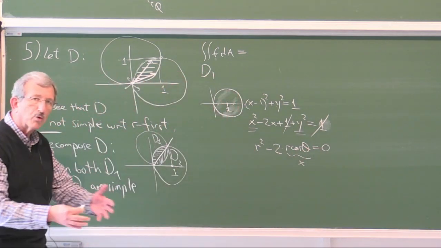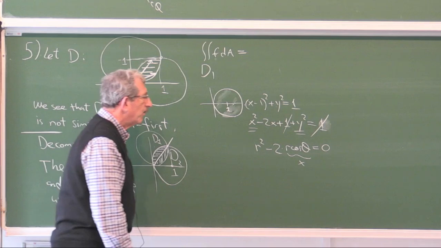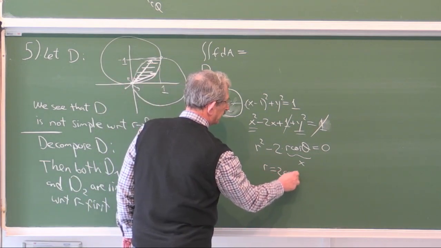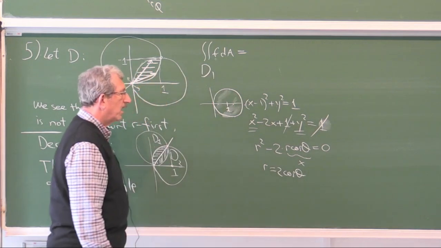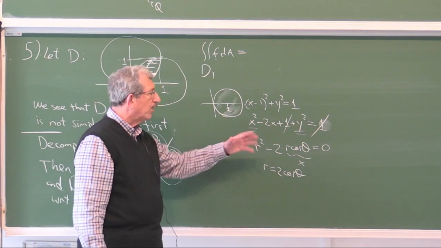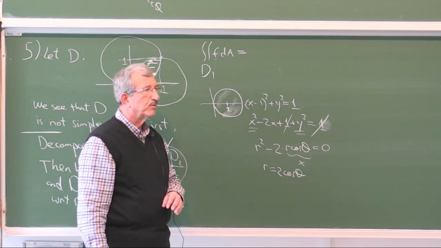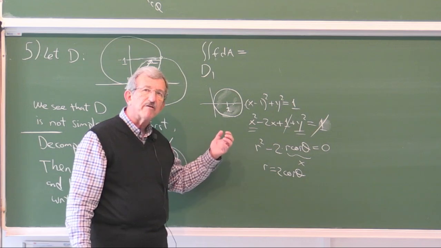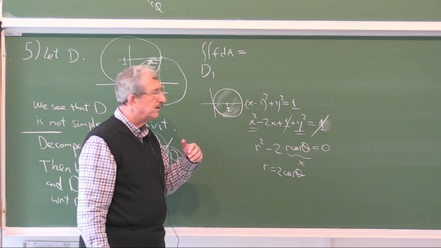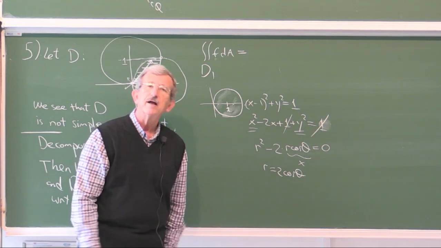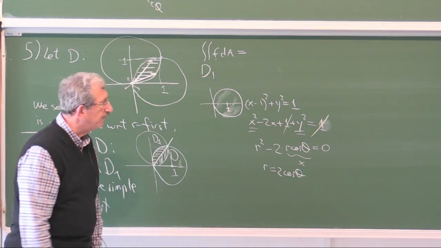So we use the conversion formula. Well, that means, of course, that r is 2 cosine theta. We canceled r's because we assumed r is not 0. What happens if r is 0? Well, it is taken care of by the value of theta, which is 0. So we can assume that it's not a loss of information.